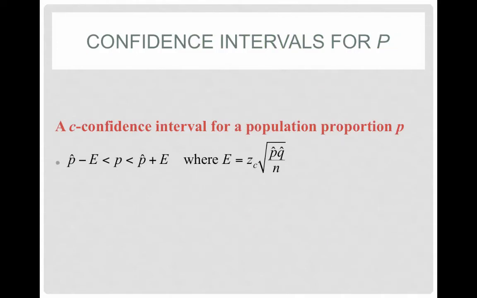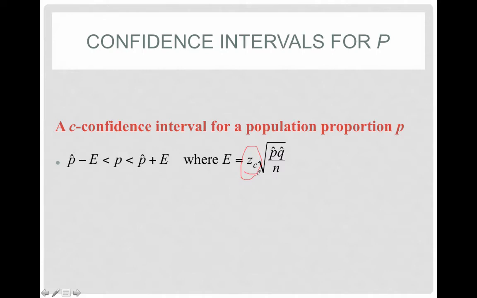A confidence interval for a given confidence level for a population proportion is going to be very similar to what we've been doing. We're going to add and subtract some margin of error to our sample statistic p hat. You guys will probably be happy about this: we're not really going to use Excel too much except to get this critical z value.